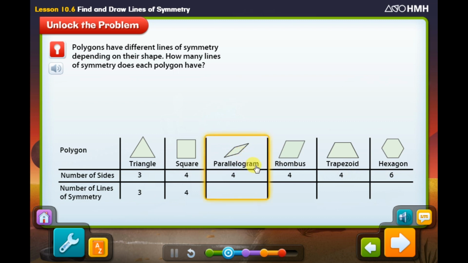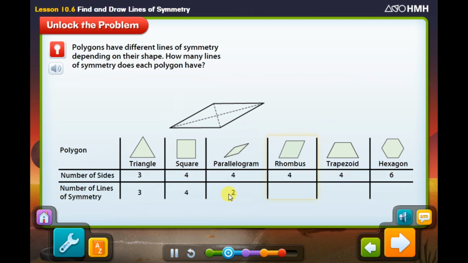This other diagonal, yes. So, just two. So, it's not the same number of sides here, because it's not a regular shape. Let's check it out. The parallelogram can be folded two ways, so the parts line up exactly. So it has two different lines of symmetry.